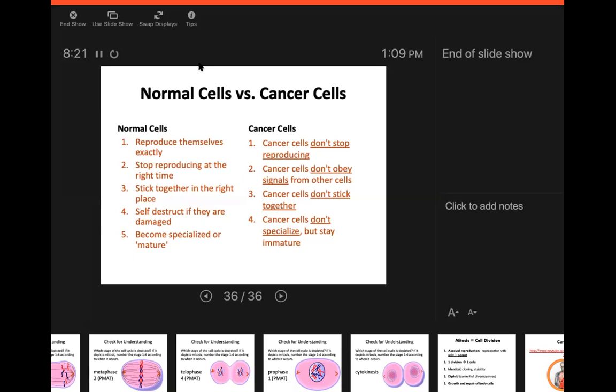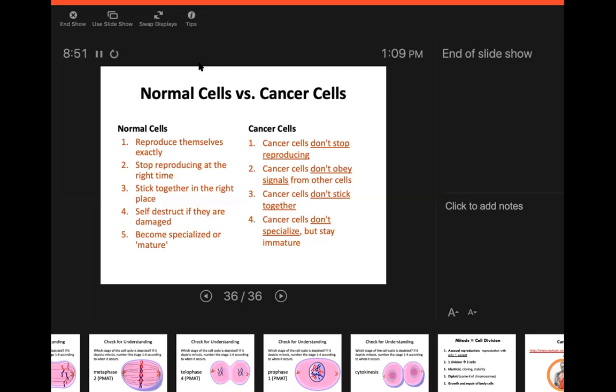Normal cells stick together in the right place. Cancer cells don't stick together, and that's why cancer can spread, and it can spread quickly. Normal cells self-destruct if they're damaged. Cancer cells don't specialize, they stay immature, whereas normal cells become specialized or mature. That takes us back: remember, we talked about stem cells and how stem cells can become any type of cell.